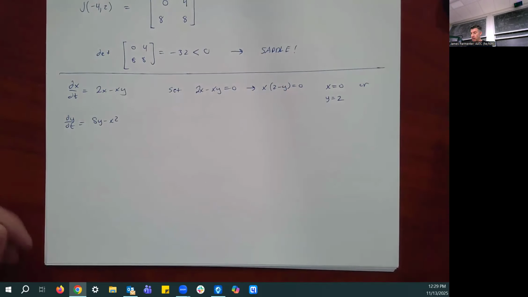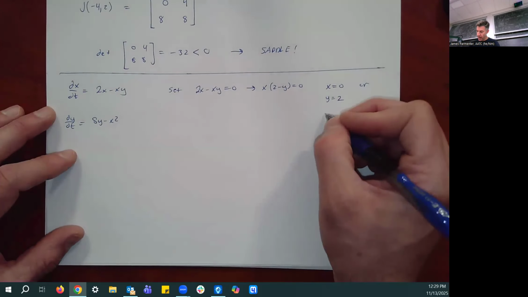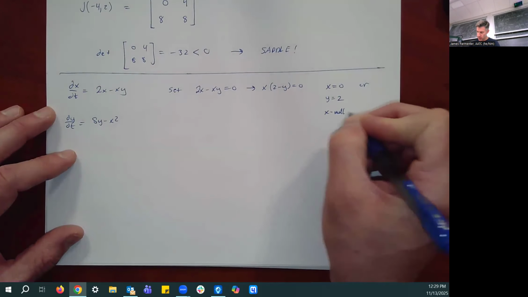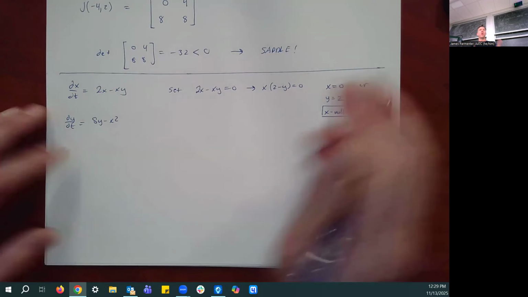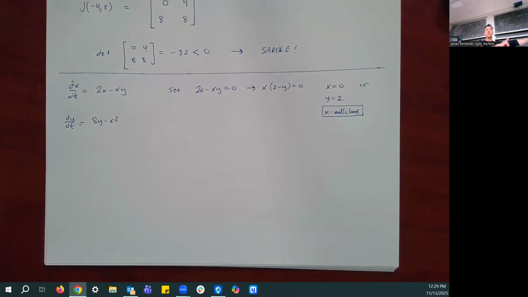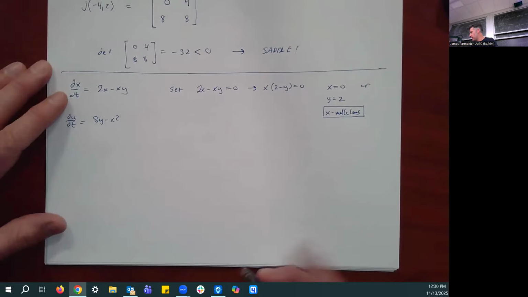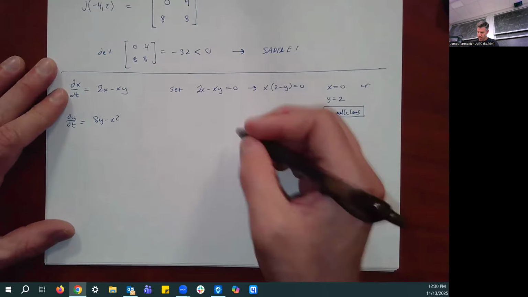And I should point out, those are x nullclines, meaning the direction vectors along those curves should be purely vertical. There should be no change in the x direction because we are literally getting them by setting dx/dt equal to 0. So if we start graphing this thing, yeah, I got that from here, sure.